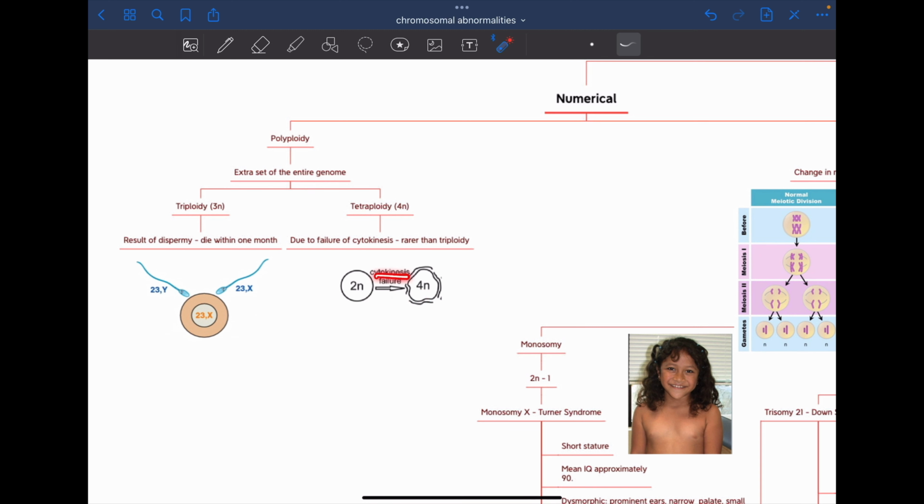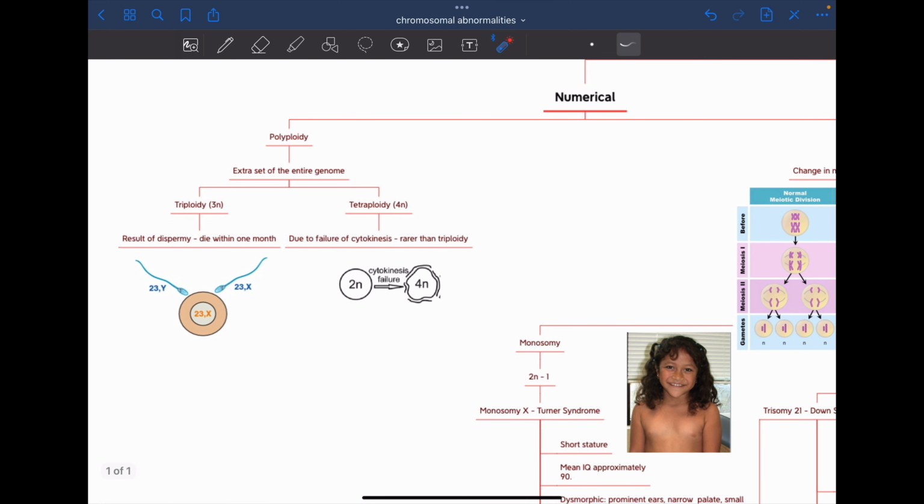Now, when cytokinesis doesn't happen, the cytoplasm will not divide, and so all of these 92 chromosomes, which were supposed to be divided into two separate cells with 46 and 46, will all go into one cell and result in 4N. Again, with polyploidy, both of them usually will not survive. They'll usually result in abortion or death by the first month, like in the case of triploidy.